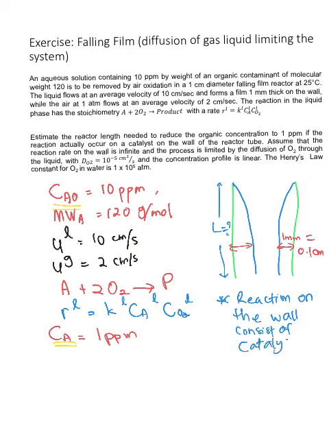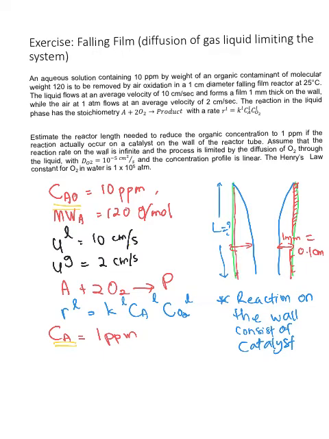So this is the most important information. Assume that the reaction rate on the wall is infinite and the process is limited by diffusion of oxygen. So this is the wall of the reactor that contains catalyst.